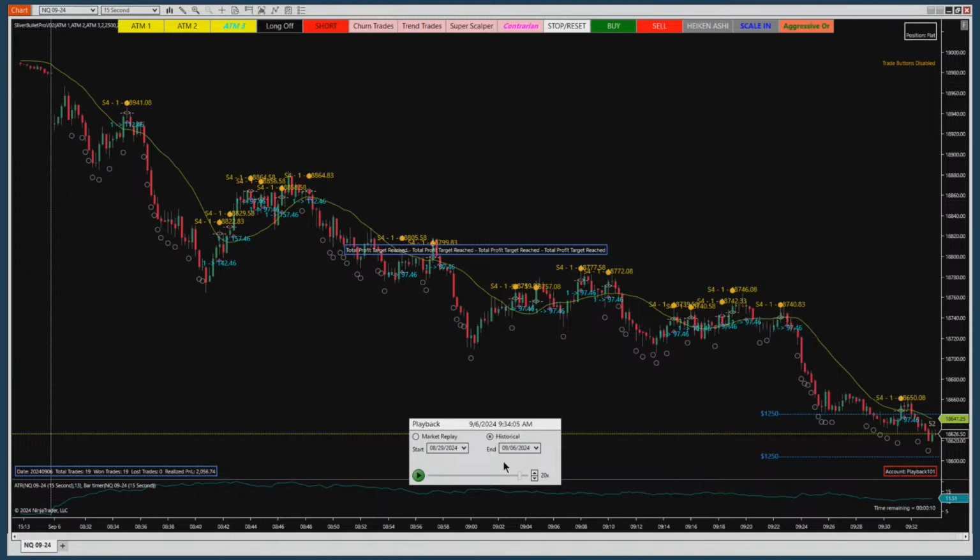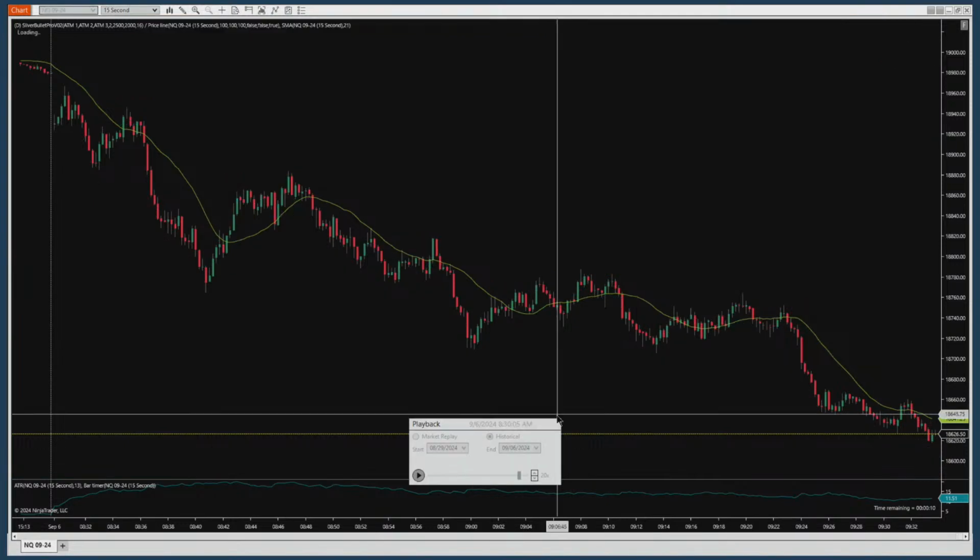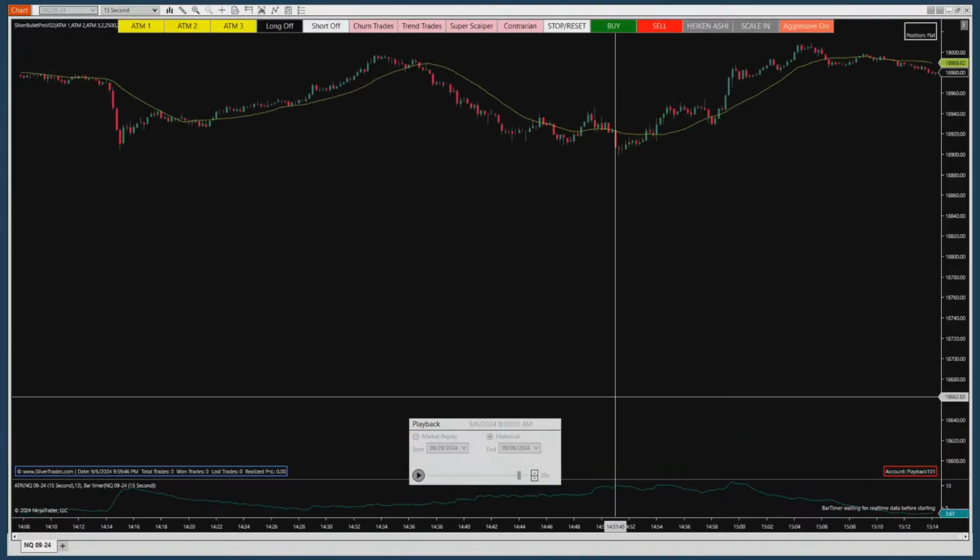So I'm going to reload the software. No, I'm going to reset the timer. I'll go back to 8:30 in the morning when the market opens, and I'll set the timer once again to market open.